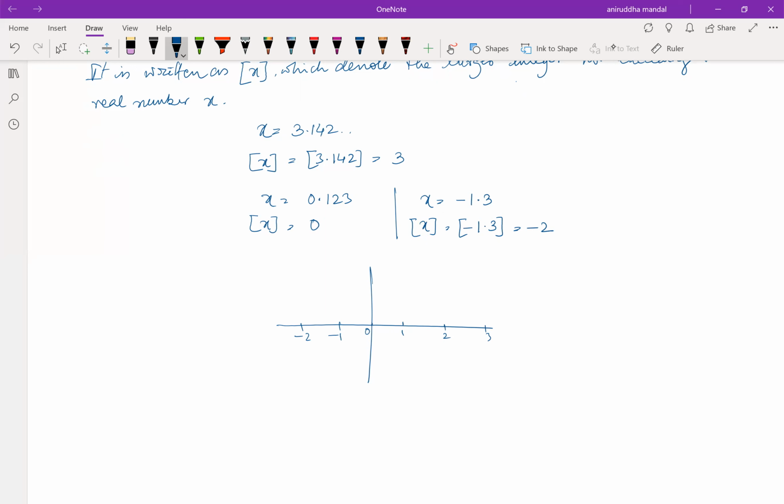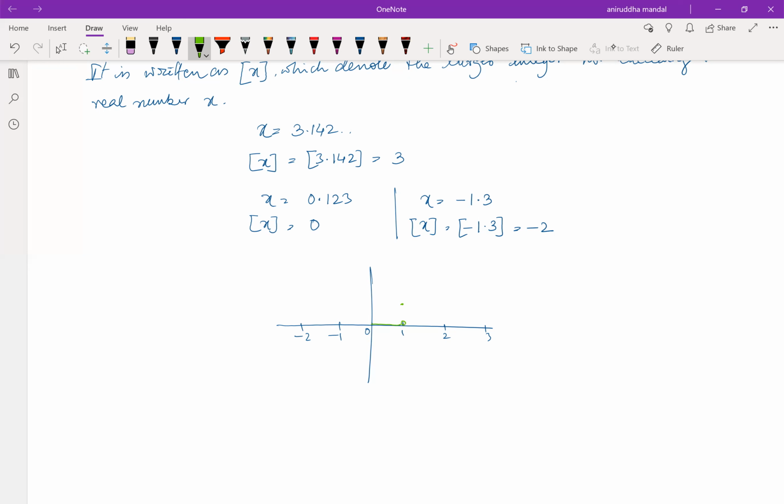For any values between 0 and 1, the greatest integer function is always 0. It starts from here and tends to 1, but as it approaches 1 it never meets 1, and as soon as x is 1 it jumps to the point x equals 1, y equals 1.